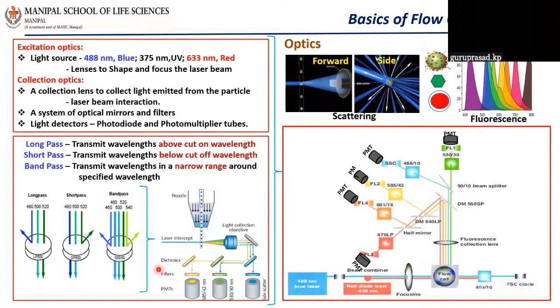So this is all made possible by the dichroic mirror. They allow the specific wavelength to go to the specific detectors. Based on the detectors, we can identify what fluorescence level is produced by a cell.